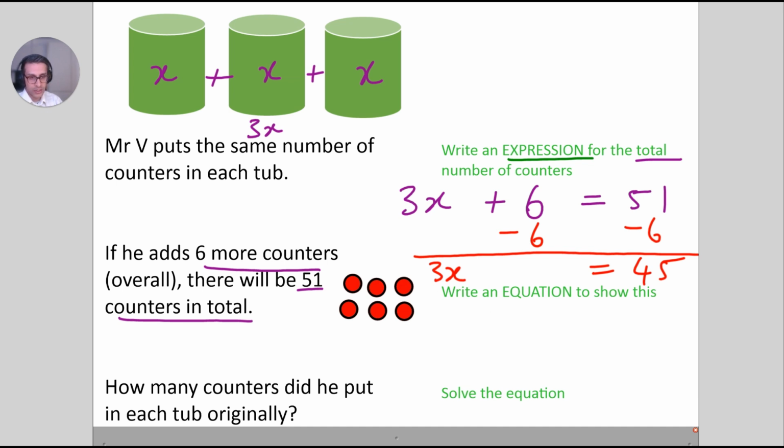And then you're going to divide by 3. So x is equal to 45 over 3, and that gives you 15. So x is originally 15. And we can check that by just substituting it into here and say 15 times 3 plus the 6 more counters that we have gives you 51.